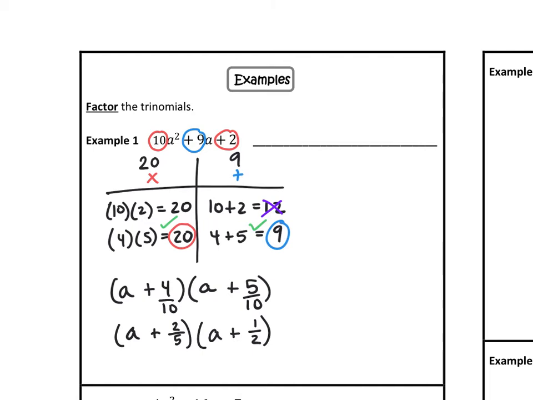We're going to take these numbers and put them in front of the variables.